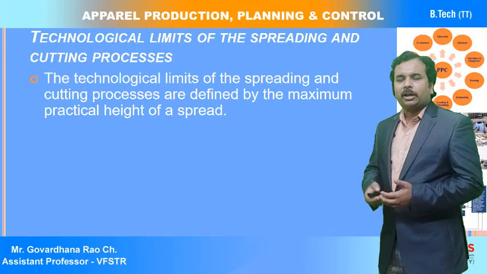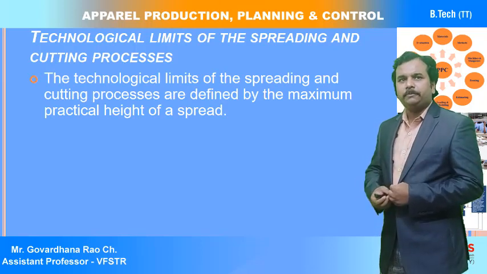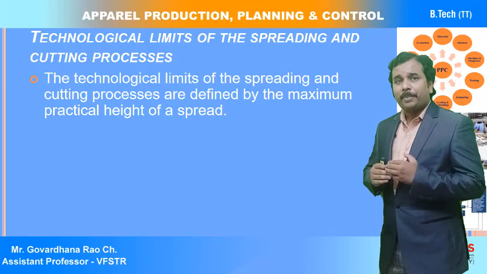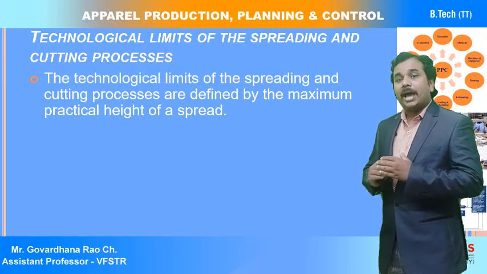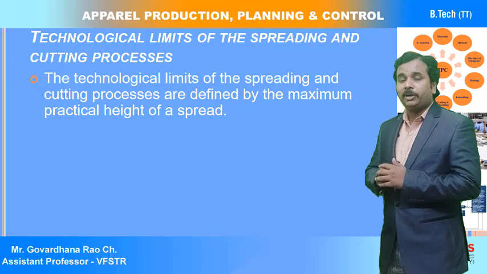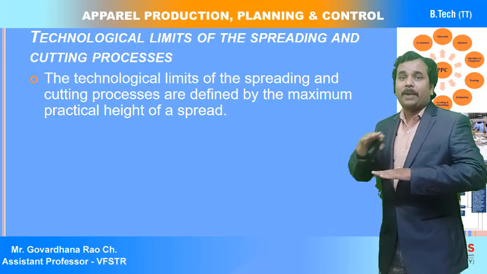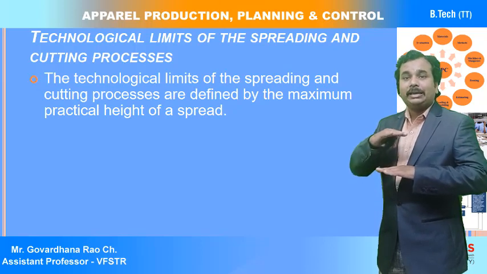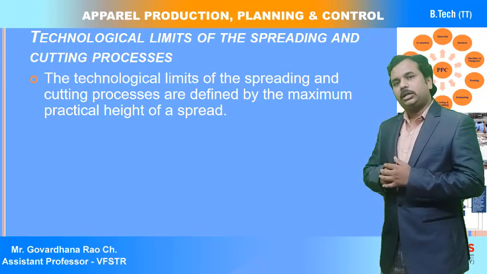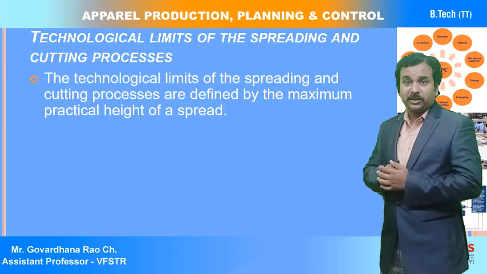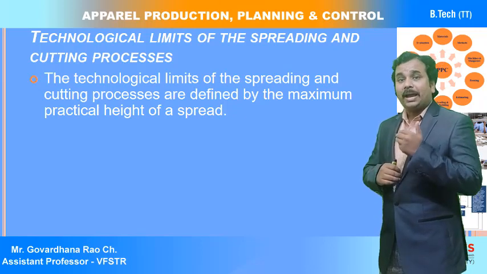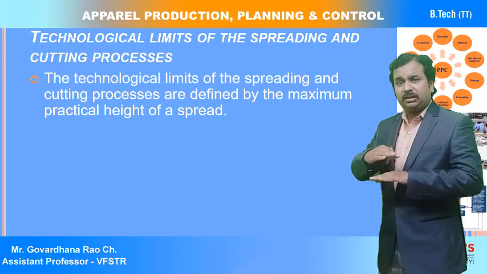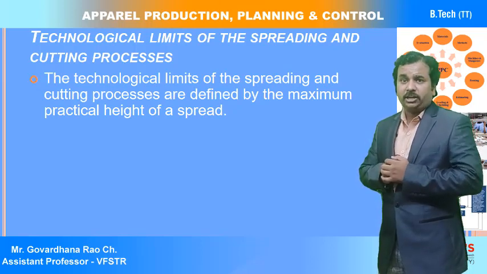The technological limits of the spreading and cutting processes define the maximum practical height of the spread, nothing but how many plies or layers of fabric can be handled by the spreading machine, as well as cut on the cutting table.